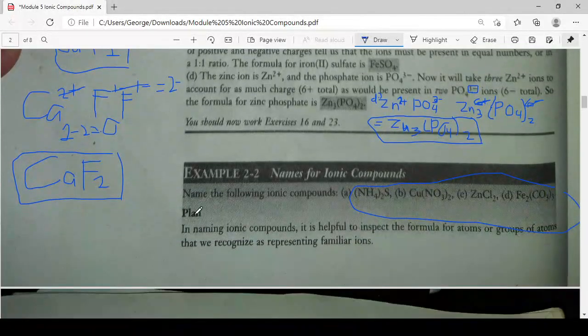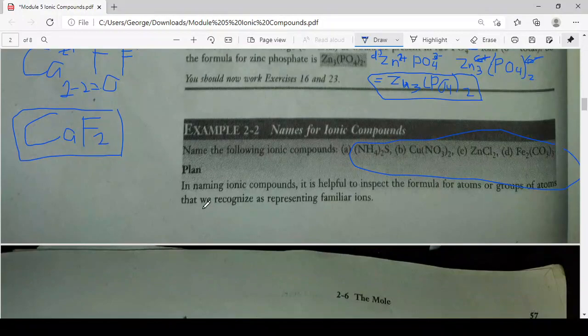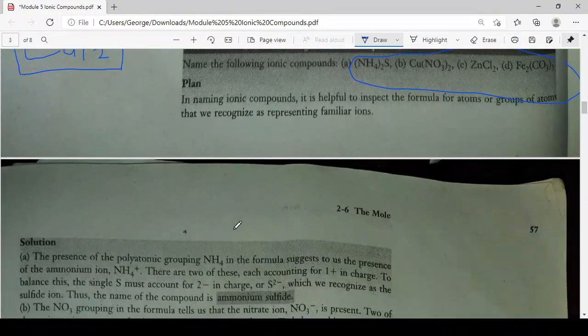So first, in naming ionic compounds, it is helpful to inspect the formula for atoms or group of atoms that we recognize as representing familiar ions. So letter A first, (NH4)2S. The presence of your polyatomic grouping of NH4 in the formula suggests the presence of your ammonium ion. Therefore, ang NH4 naton is also known as your ammonium.